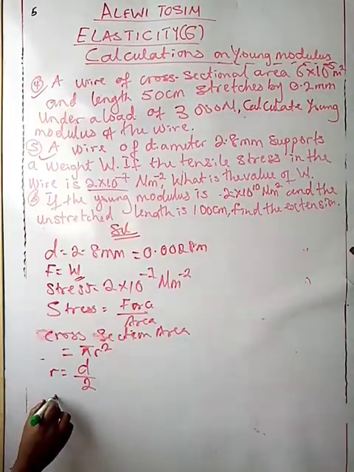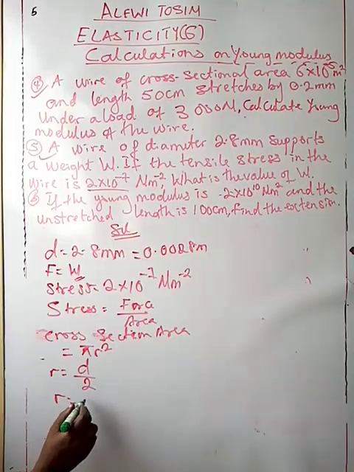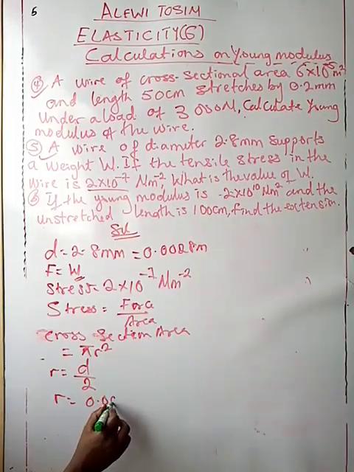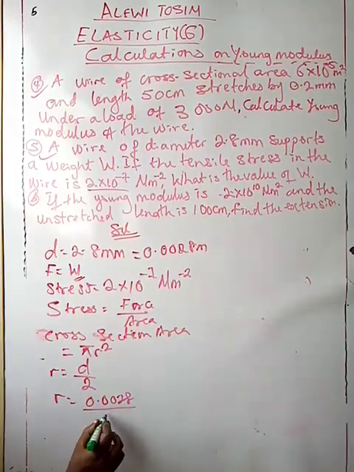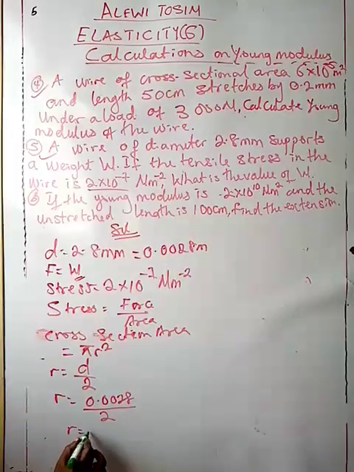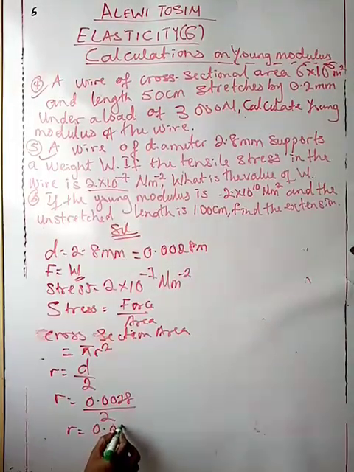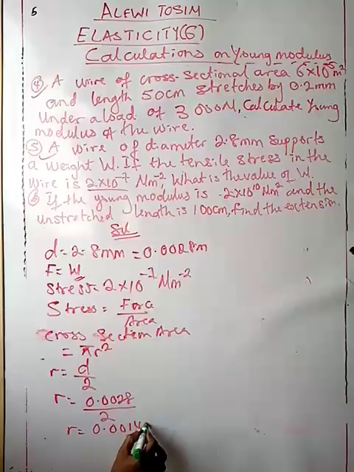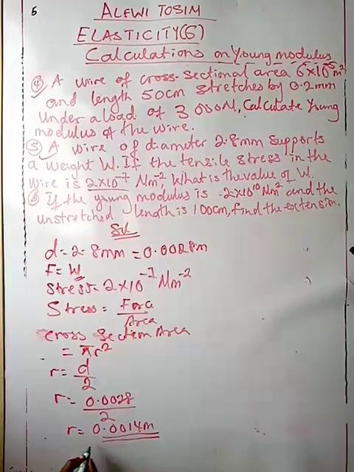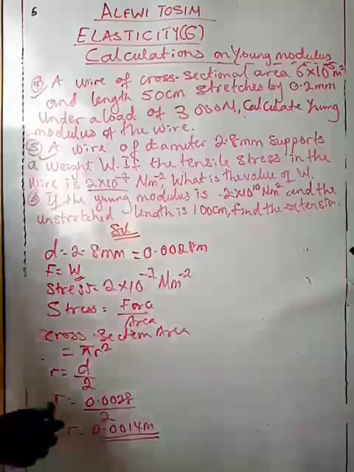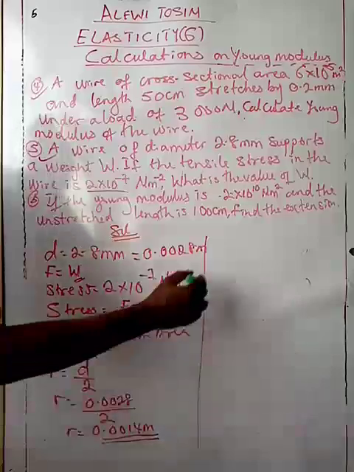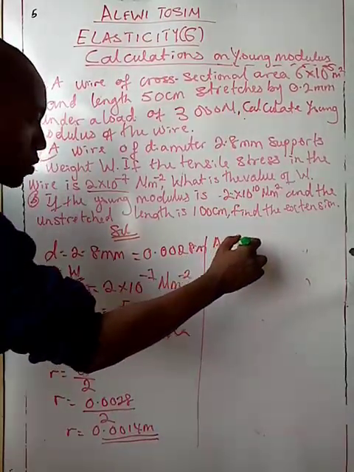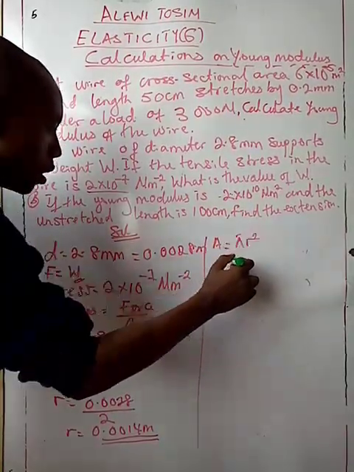So with this, our radius will be, the diameter is 0.0028 meters over 2, which means our radius will be 0.0014 meters. Now that we have the radius, we will find the cross-sectional area, which is pi r square.